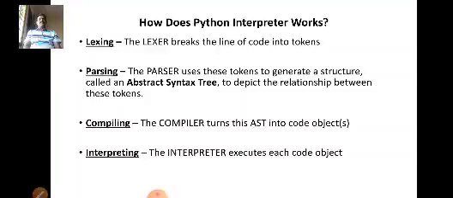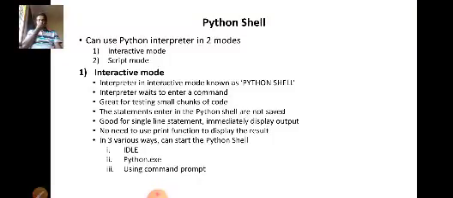After that, parsing: the parser uses these tokens to generate a structure called an abstract syntax tree to depict the relationship between these tokens. Compiling: the compiler turns that AST, the abstract syntax tree, into code objects. Interpreting: the interpreter executes each code object.